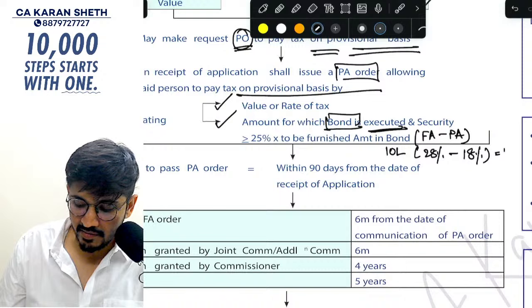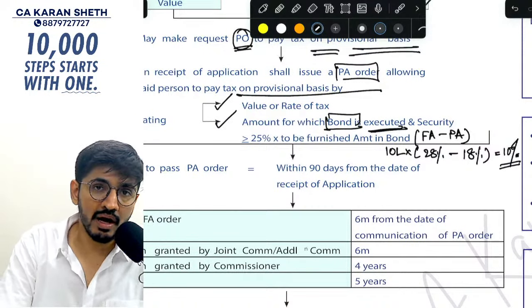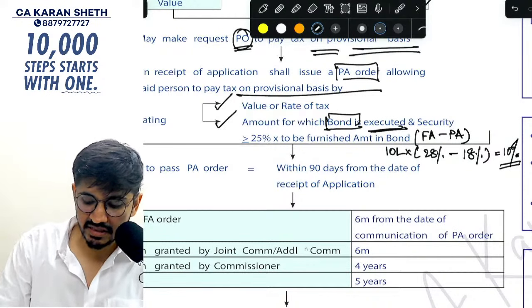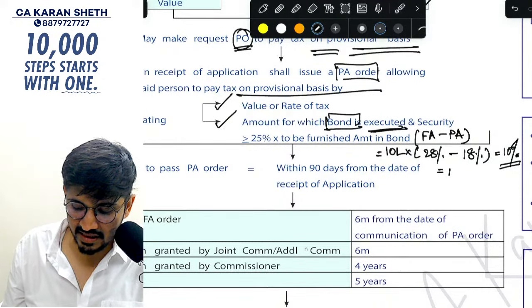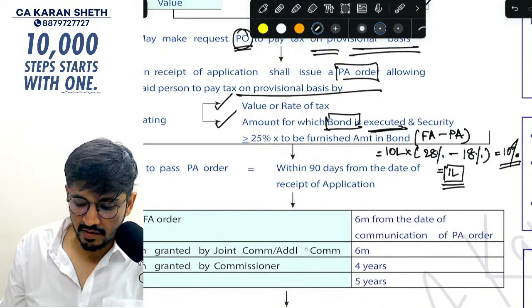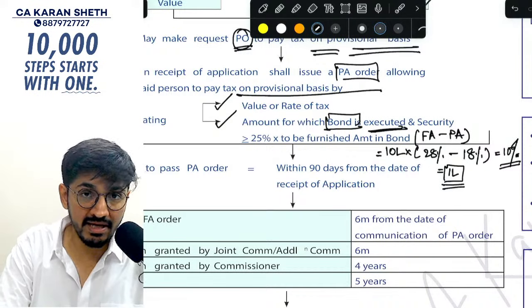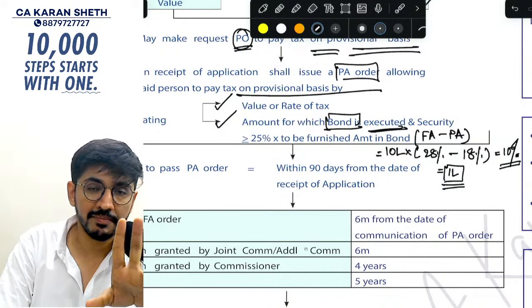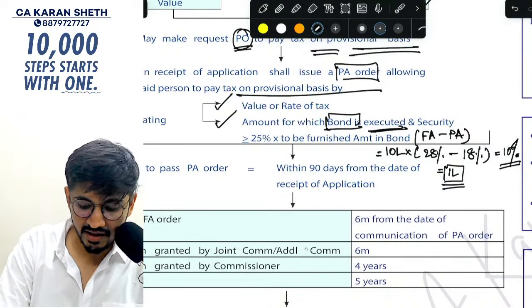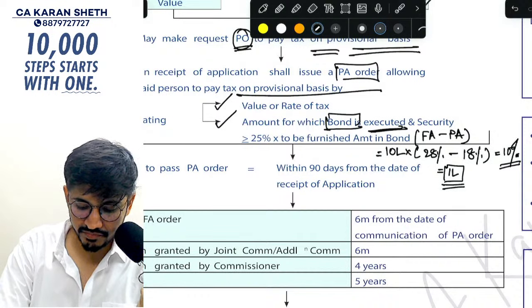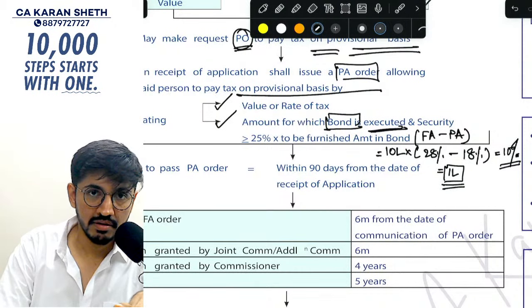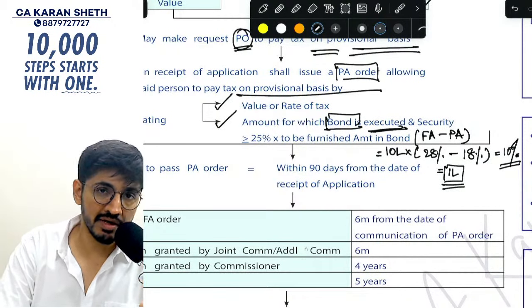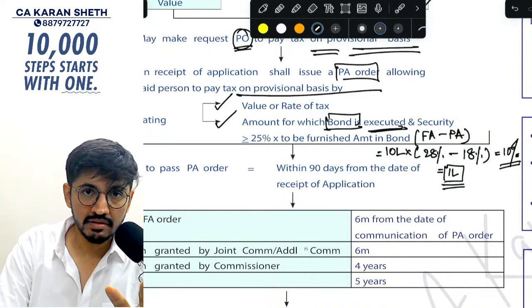Then here the difference comes out to be 10%, and 10 lakh ka 10% is 1 lakh, and in that case when I say 1 lakh, तो 1 lakh का 25% का bond होना चाहिए आपका. So 1 lakh is the bond amount, and 25,000 is the security amount.